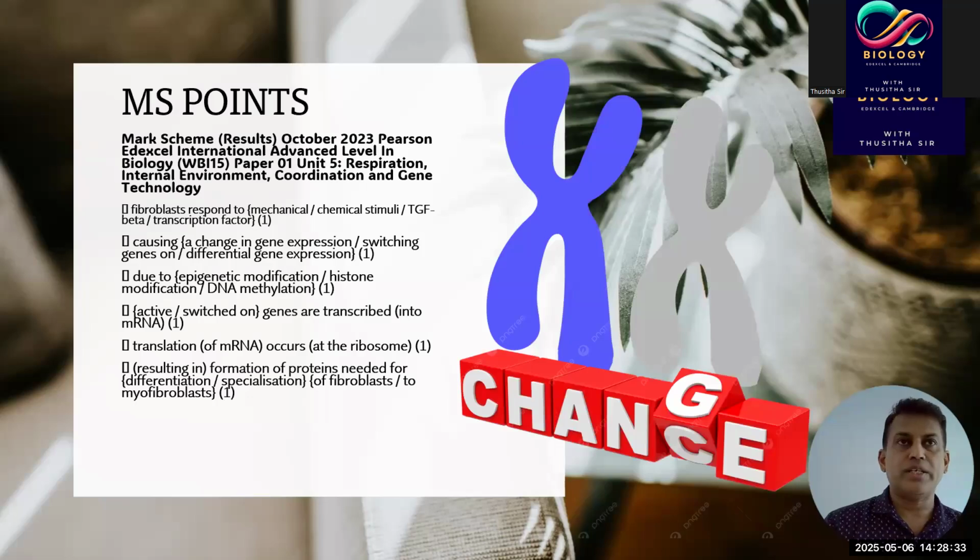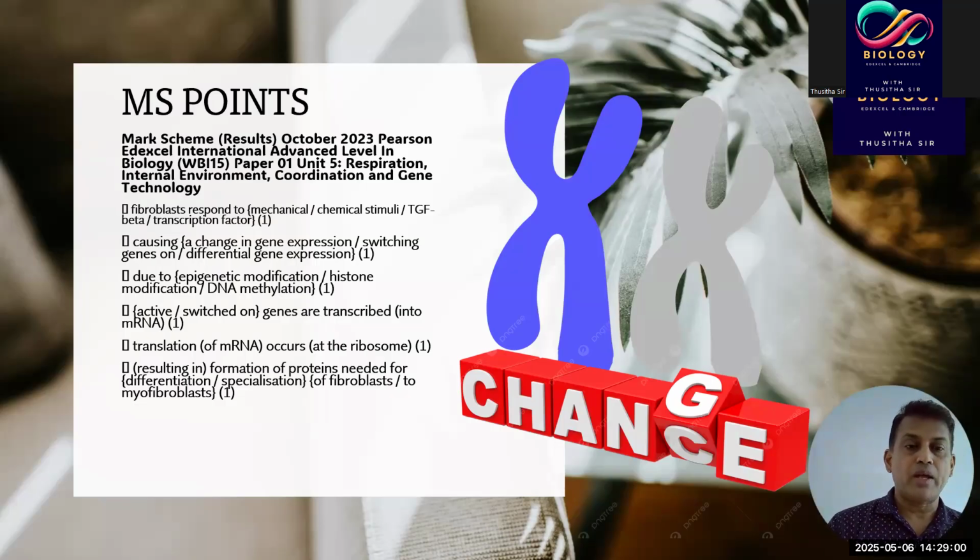This question has been asked repeatedly many times. I am showing you the marking scheme result for October 2023. Check the October 2023 Unit 5 scientific article; a similar question was asked. So there is again a chance of this question being asked.